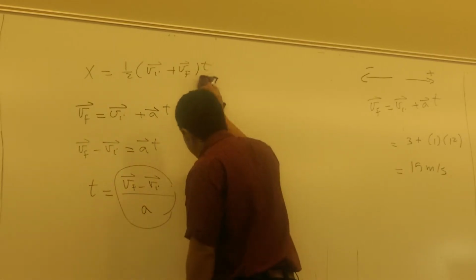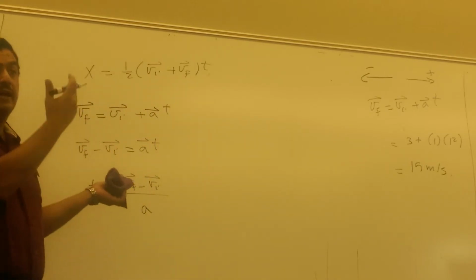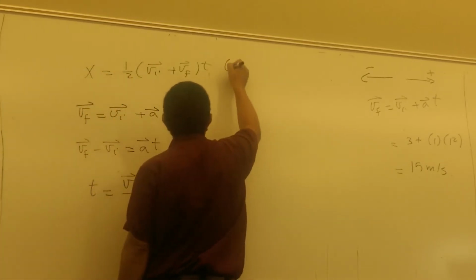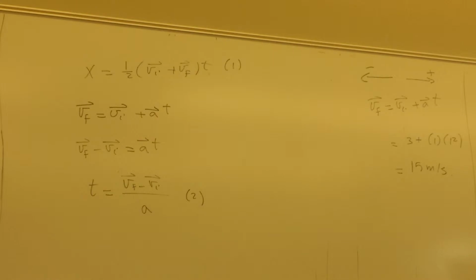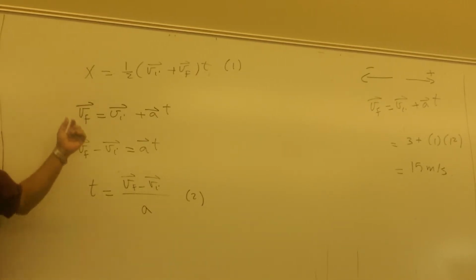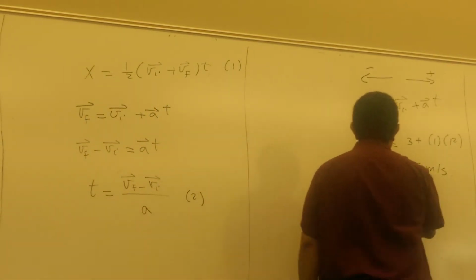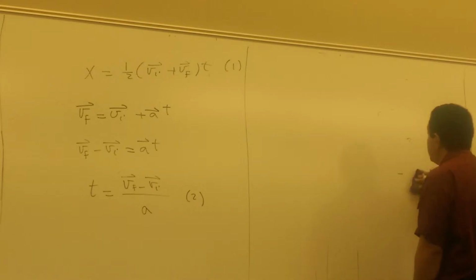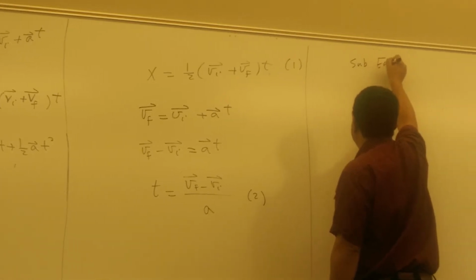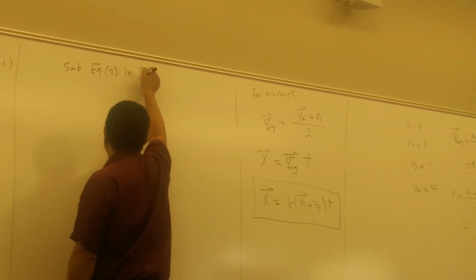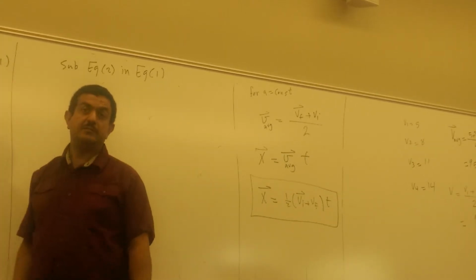Unlike me, you don't have the luxury of having a board like that, so what we could do is find a way of writing this more professionally. Let's call that equation 1 and this equation 2. Since you don't have the luxury of a whiteboard like I do, you're just going to say, I'm going to substitute equation 2 in equation 1, which means take this value and put it in that value.